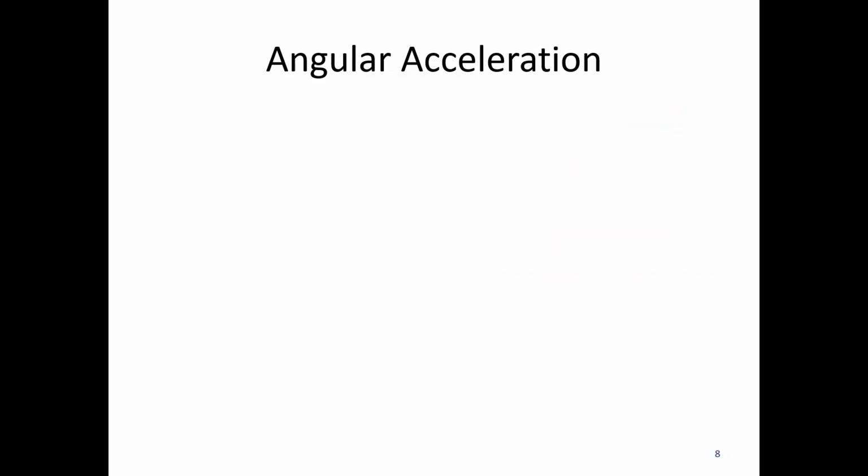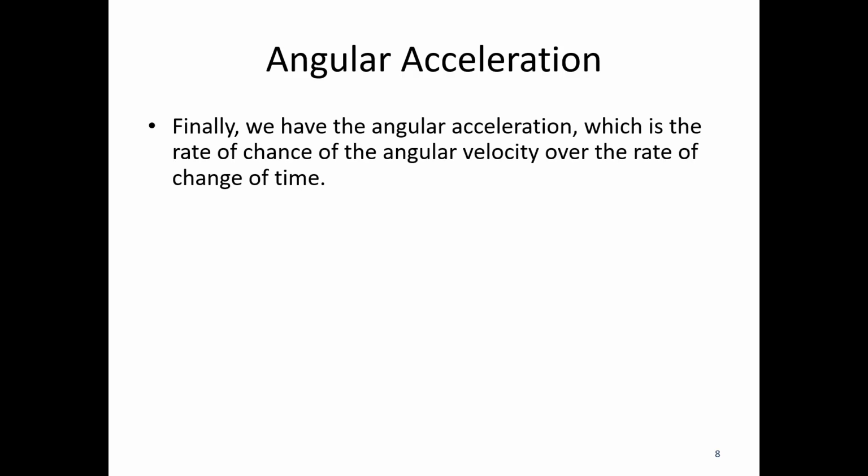All right, so finally we have angular acceleration. This is the rate of change of angular velocity over the rate of change of time. Alpha is what we use to represent the angular acceleration, and d omega dt, the rate of change of angular velocity, is our definition of angular acceleration.